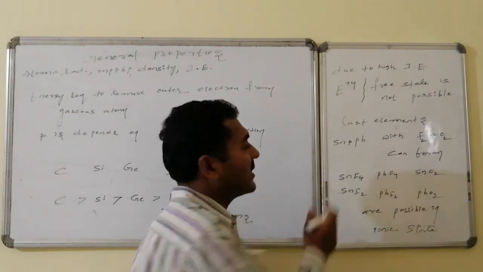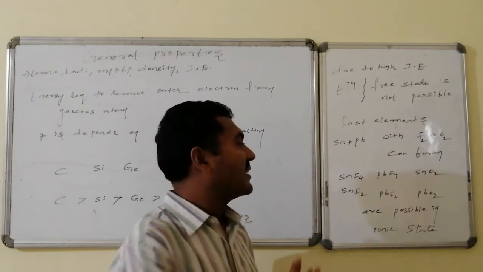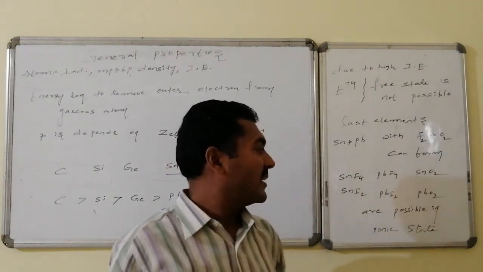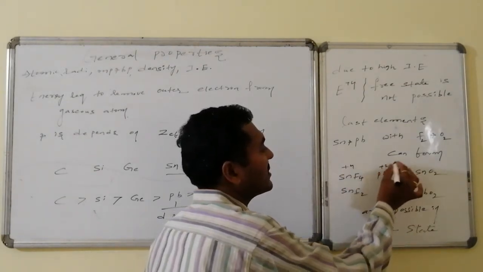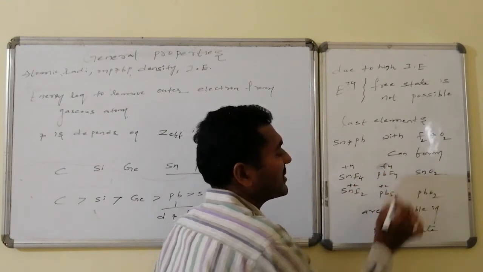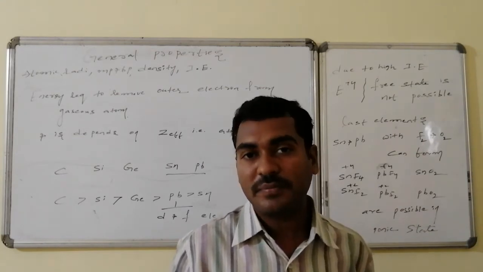Suppose tin with fluorine: tin tetrafluoride, tin difluoride, lead tetrafluoride, lead difluoride. Similarly, tin dioxide and lead dioxide with +4 oxidation states. This is +4 and this is +2. This is also +4 and this is +2. These states are possible and are existing in the ionic form.